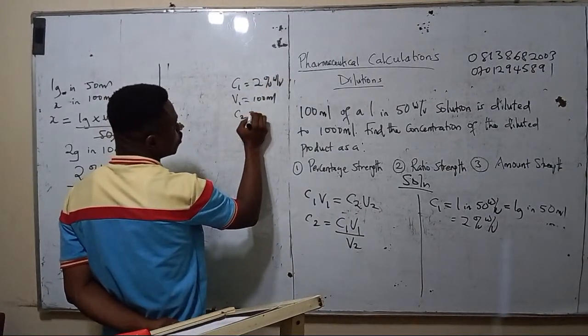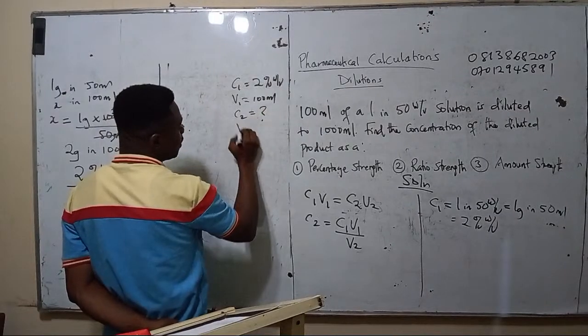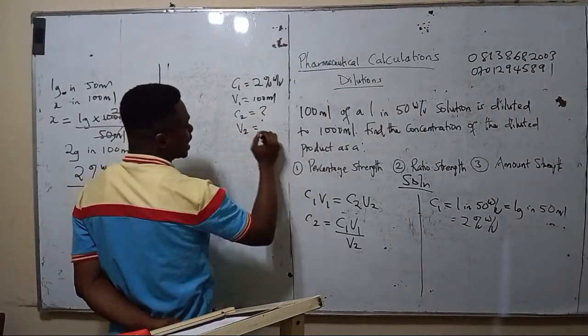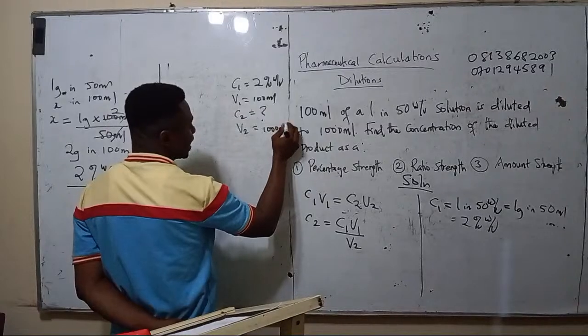Our C2 is what we are looking for, we don't know it. Then our V2 is 1000 mL.